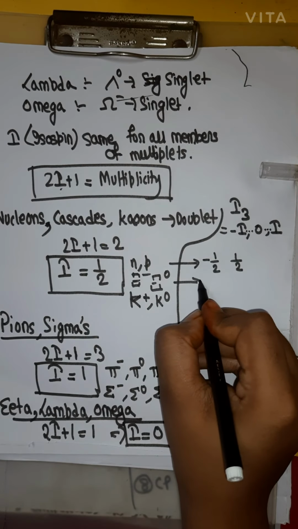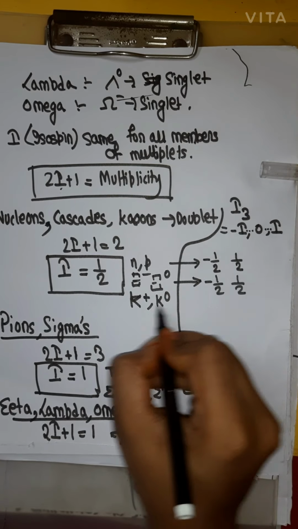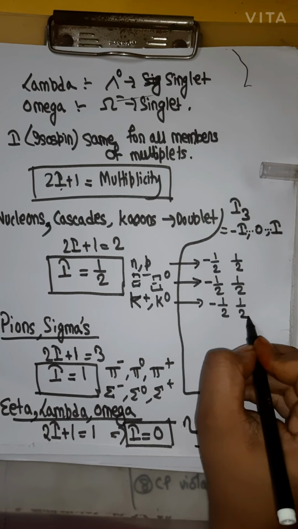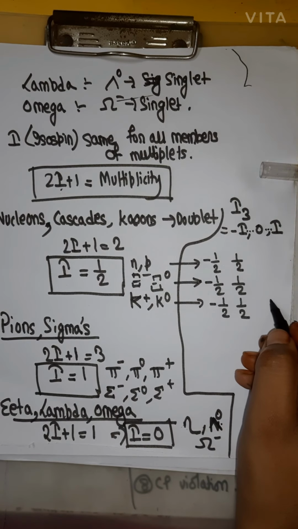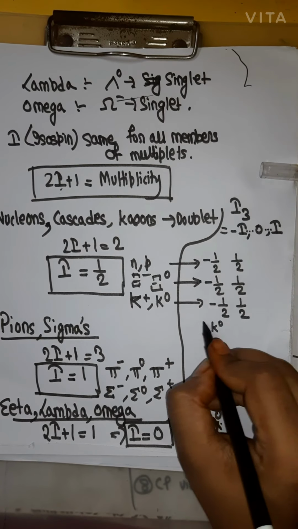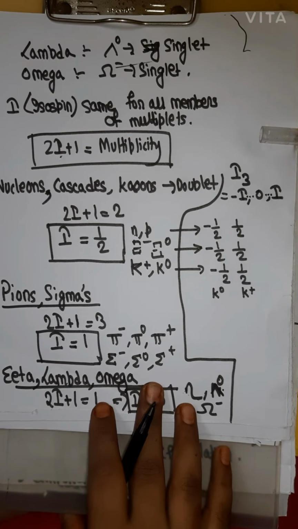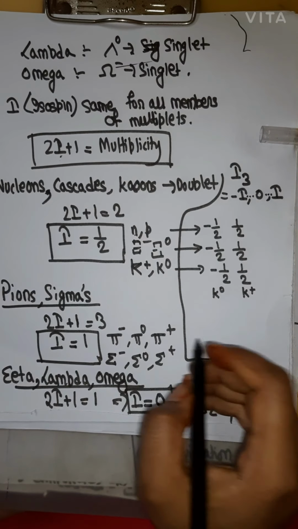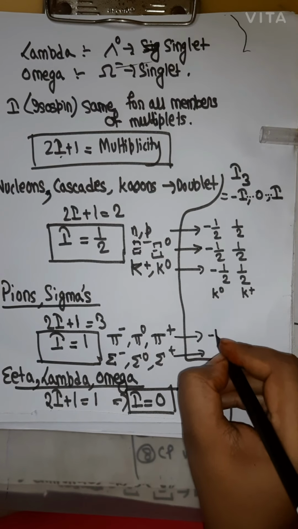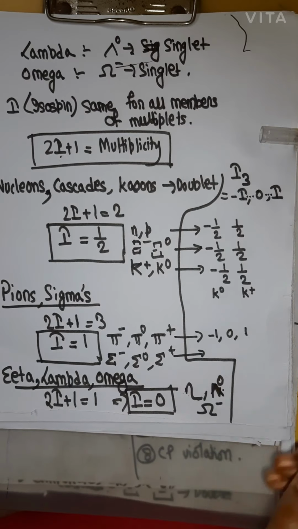Similarly, cascades will have minus half and half. For kaons, it will also have minus half and half, but here minus half we denote for K0 and plus half for K plus. For pions and sigmas, the isospin value is I equals 1, so the third component of isospin is minus 1, 0, 1 respectively for pi minus, pi 0 and pi plus.